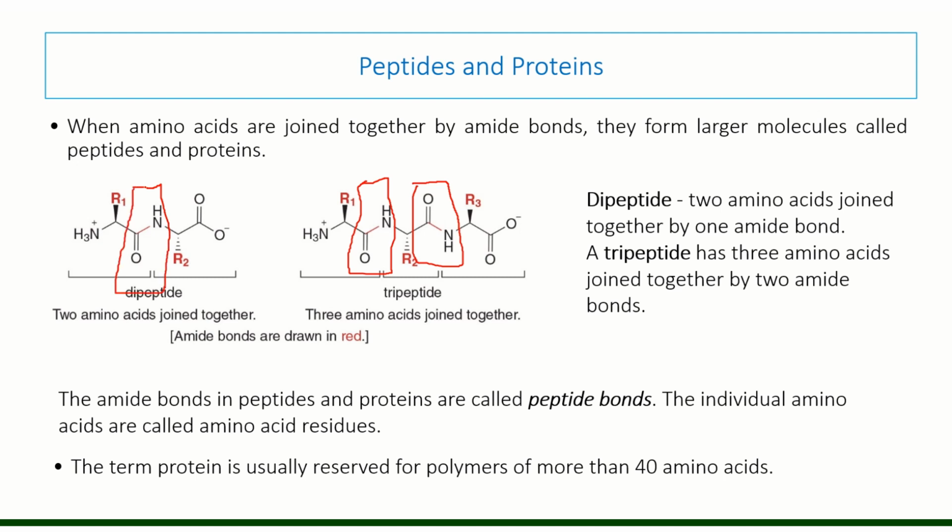It is standard that you have the acid group on the right and the amine group on the left. We say this is the C terminus.